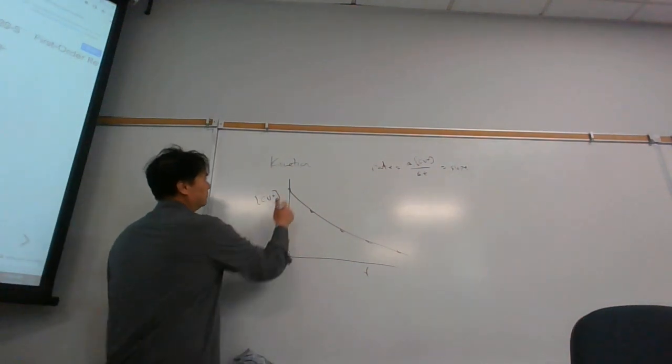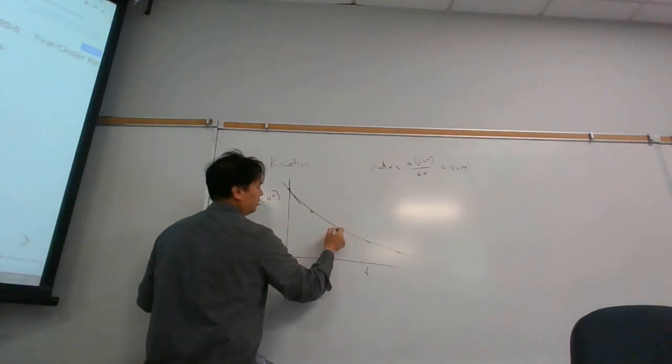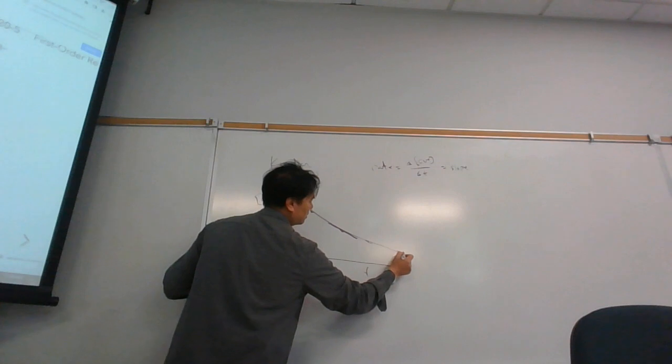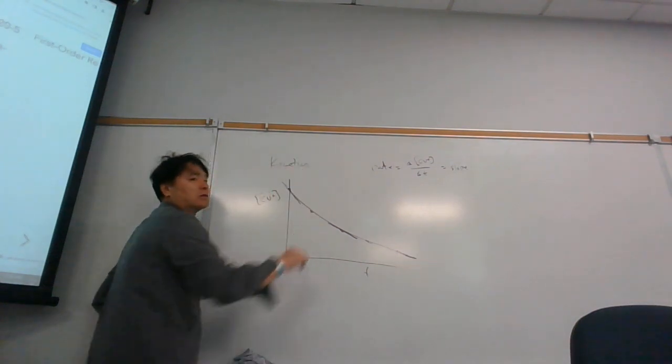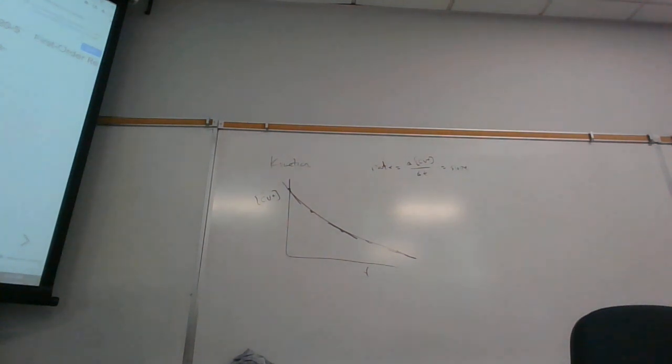Initially it starts off, let's say, there, but as the reaction progresses, the slope gets slower and slower, that is, less steep, as time progresses.